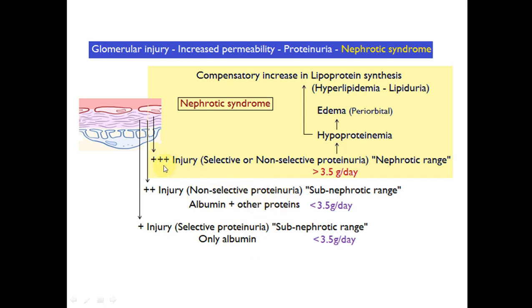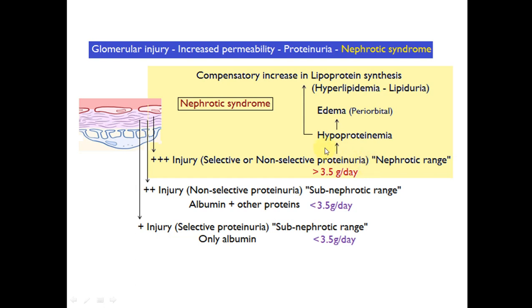Now, if the same injury is more severe, which may be selective or non-selective proteinuria, and the loss of albumin is equal to or more than 3.5 grams per day, this is nephrotic range proteinuria, and it will give rise to the development of nephrotic syndrome.